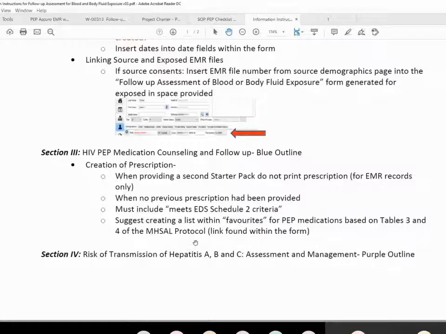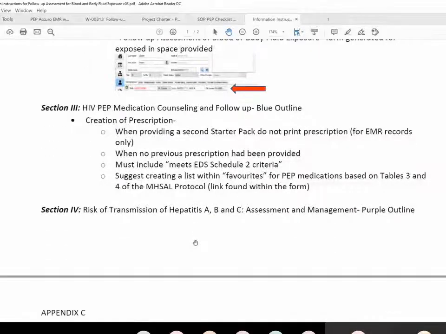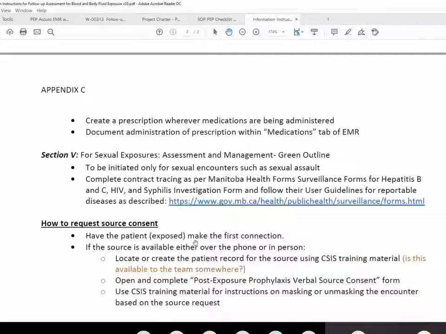The regimens are very specific and clearly outlined in the protocol itself, but do require some thought in generating them. So I would suggest generating those prescriptions and keeping them as favorites so they can easily initiate those prescriptions.